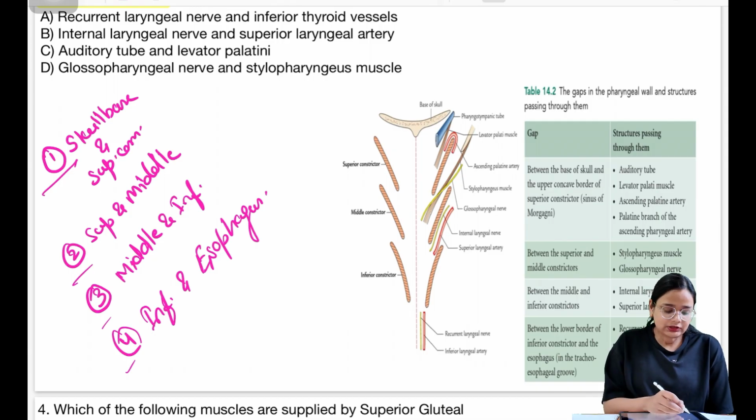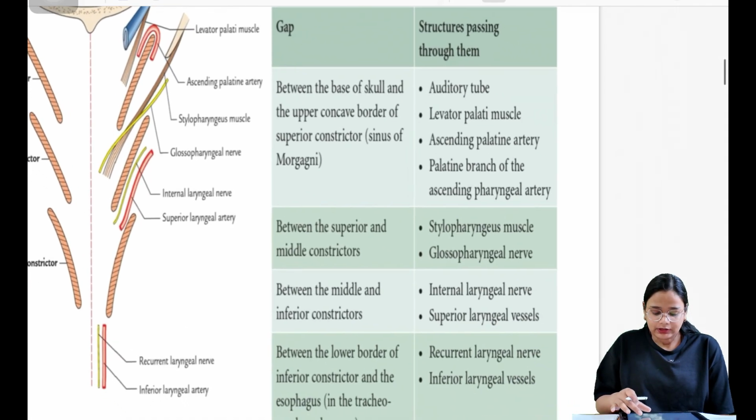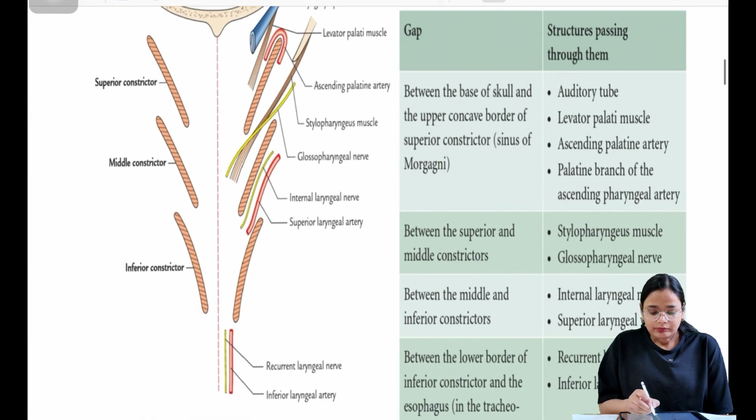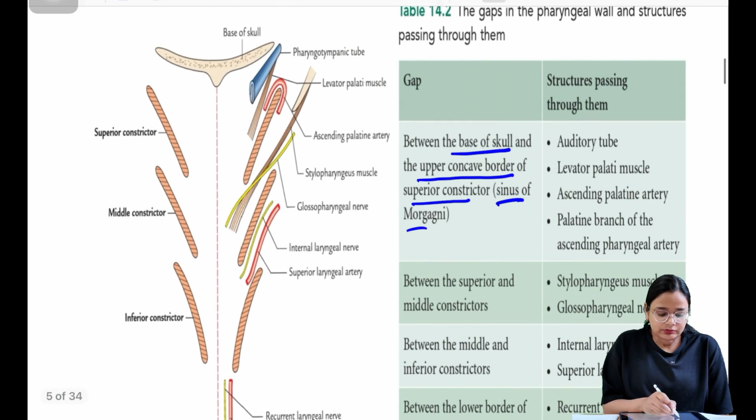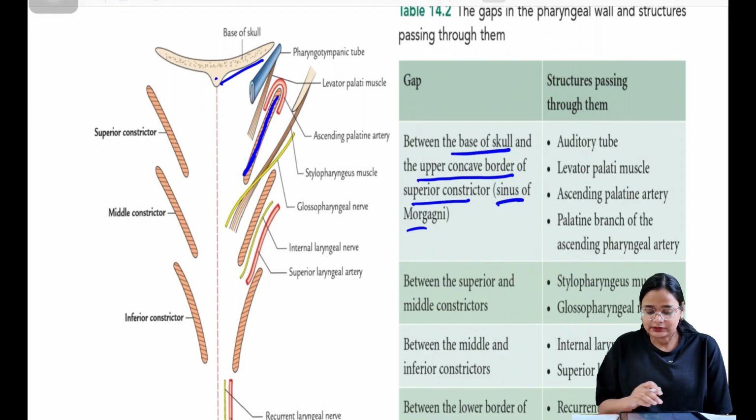The first area, between the skull base and the superior constrictor muscle, is known as the sinus of Morgagni. Here I have added one table. You can see between the base of skull and the upper concave border of the superior constrictor, also known as the sinus of Morgagni. Here is the base of skull and this is our superior constrictor muscle. In between, structures are passing. Which structures?